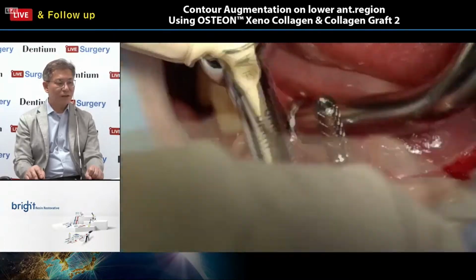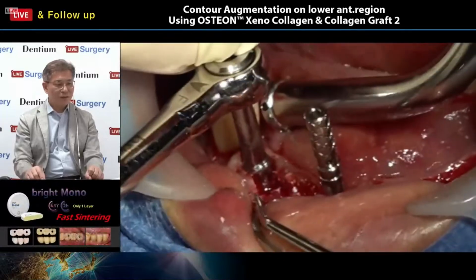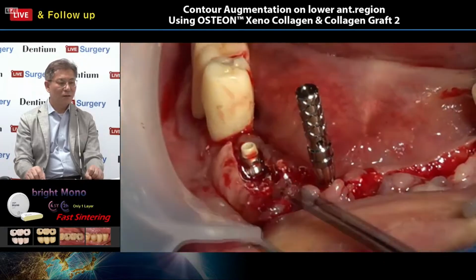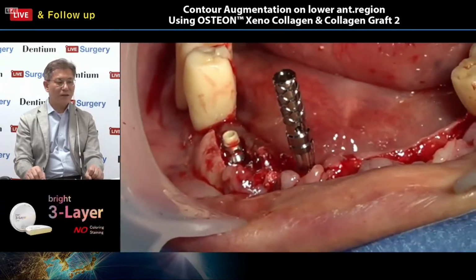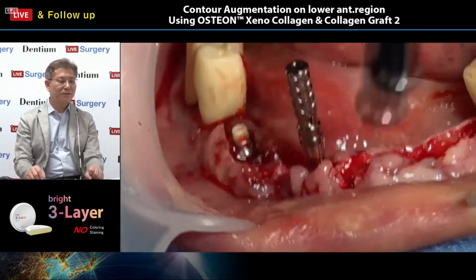Hand ratchet engaged for proper depth positioning. I think the initial stability was enough.